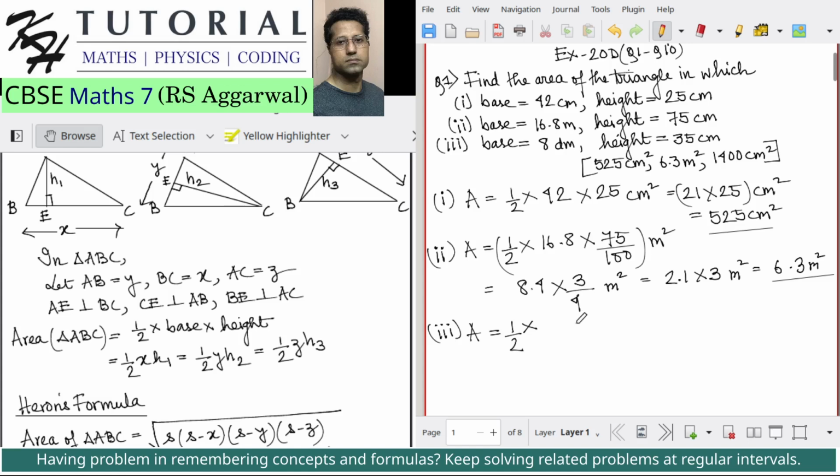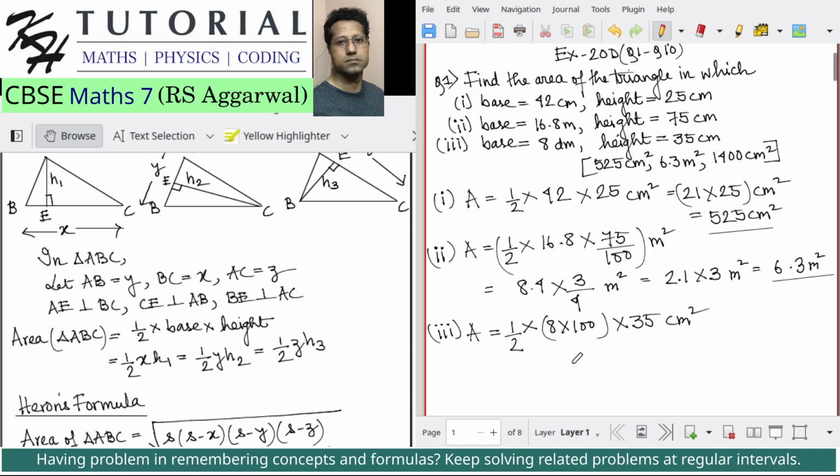Now, how much is 1 decimeter equal to how much centimeter? I think 1 decimeter is equal to 10 centimeter. So this will be 8 into 10, this much centimeter, and the height is 35. So this much centimeter square.